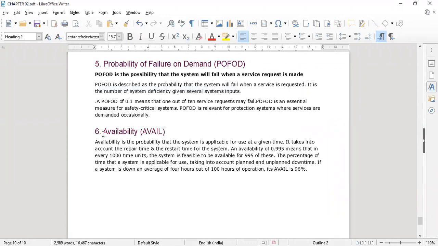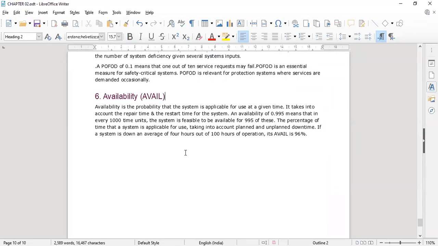Then last is availability. Availability and probability are easily confused. Availability is the probability that the system is available for use at a given time. It means whether, on demand, your system will serve you properly. That is called availability.